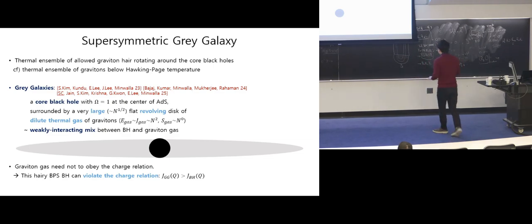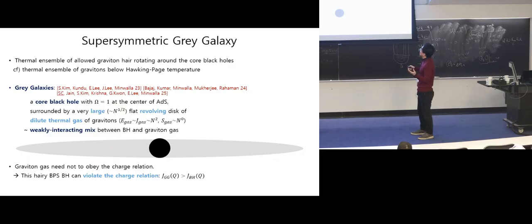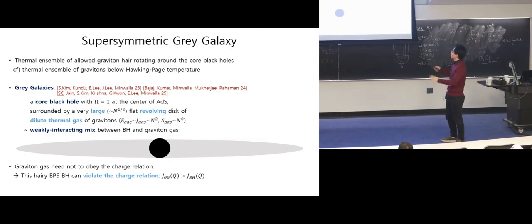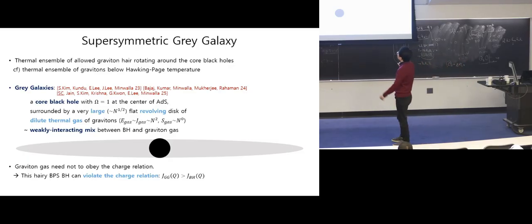This configuration, we named it gray galaxies. Basically, we have a core black hole at the center of AdS, surrounded by a very large flat revolving disk of dilute thermal gas of gravitons, so that their interaction is negligible at the leading order. However, since the radius of the disk scales as N to the 1/2, you can show that the energy carried by this gas of gravitons is of order N squared, which is comparable to the charge or angular momentum of the core black holes.